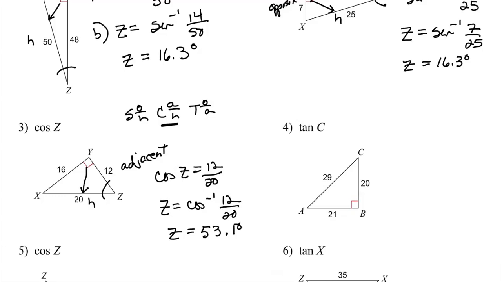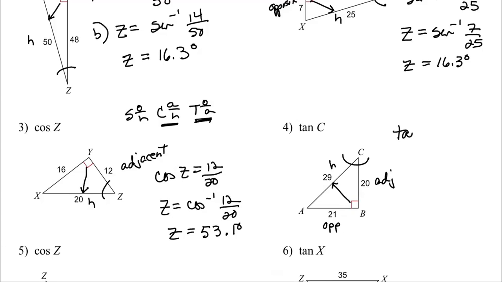Okay, next one. Tan of C. So first off, let's figure out what the hypotenuse is. There it is. I'm at angle C. Tan is going to be opposite over adjacent. So where is the opposite from angle C? It's right here. Where is the adjacent? It's right there.